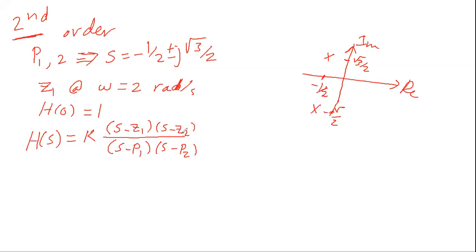This is the general form of the second order transfer function with two zeros and two poles.